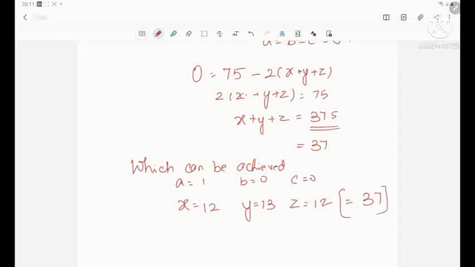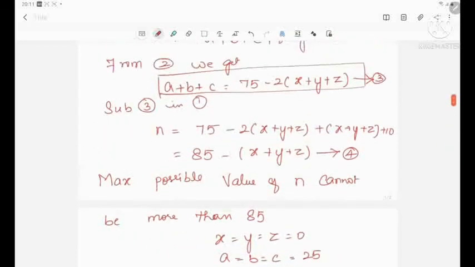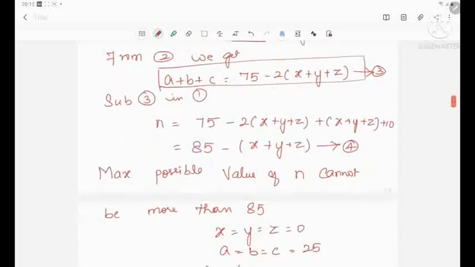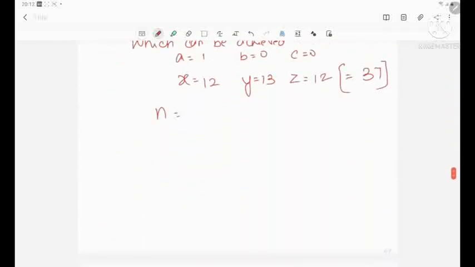So for the value of n from the first equation, substitute the values of A, B and C, and x, y and z, and find the minimum value of n, which is 1 plus 0 plus 0 plus 12 plus 13 plus 12 plus 10. Altogether we get 38 plus 10, which is 48. So this is the minimum number of students the school can have. Hope you understood.